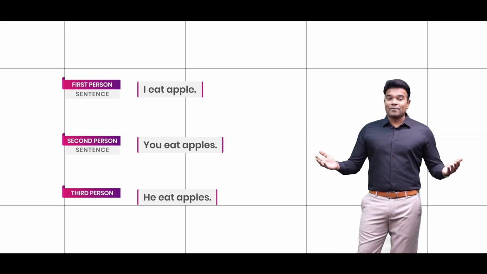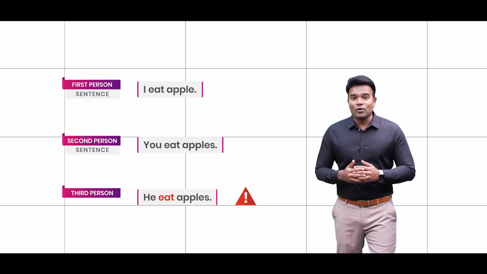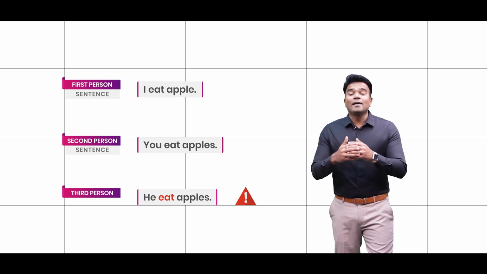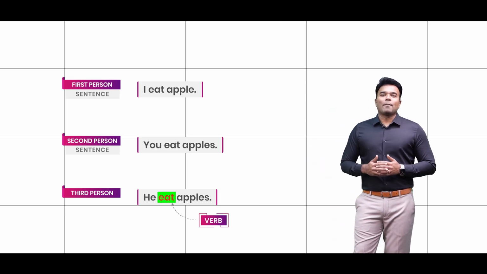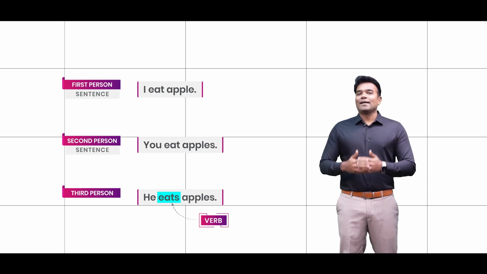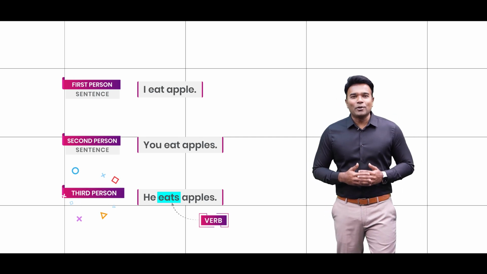Well, this becomes a grammatically wrong sentence, and hence if you really have to make a proper valid third person sentence, then you will have to change the verb from eat to eats. Yes, now he eats apples becomes a valid third person sentence.